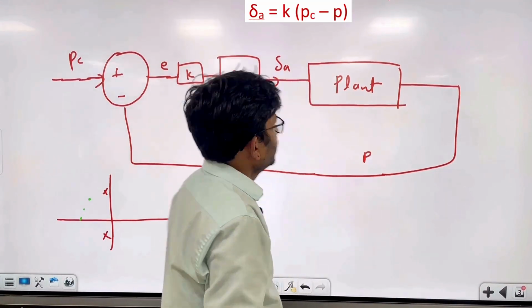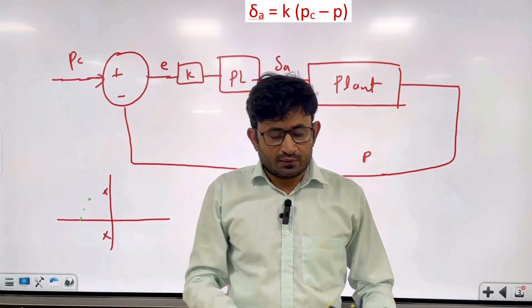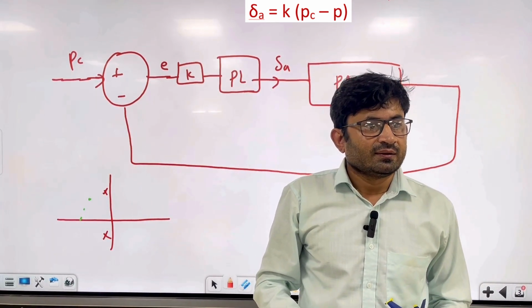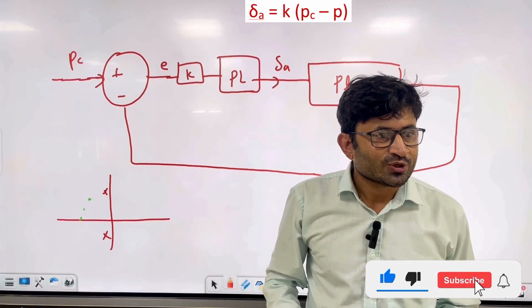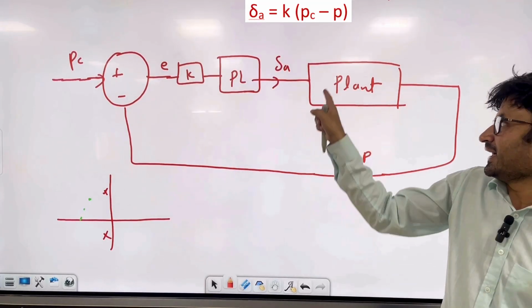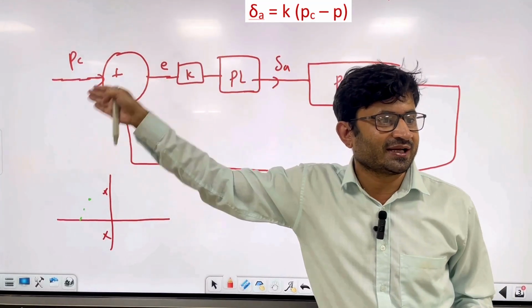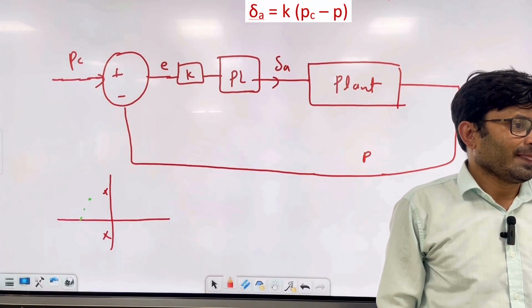So when you are moving the stick, the rate command is generated. Here you can see the input delta A is not connected directly to the plant. It has a loop that is called the rate loop.